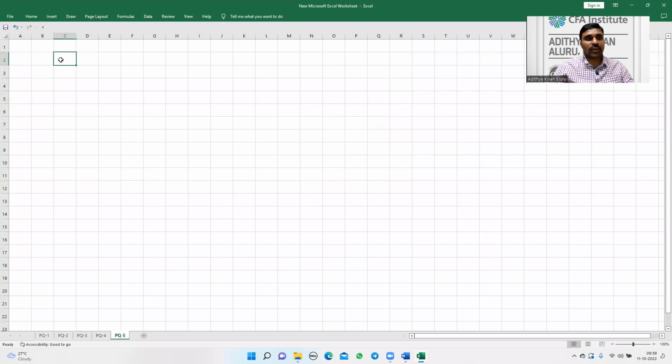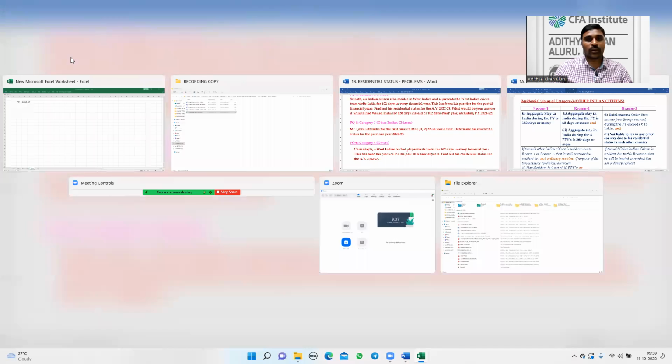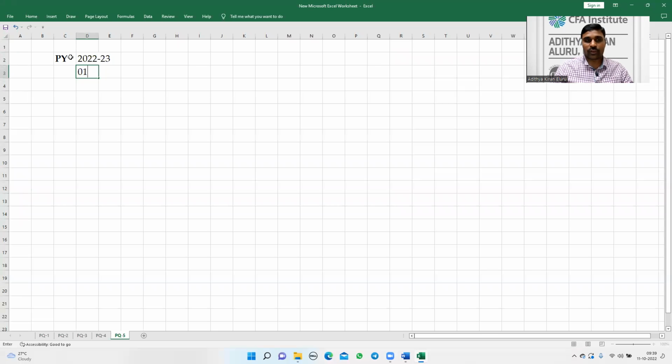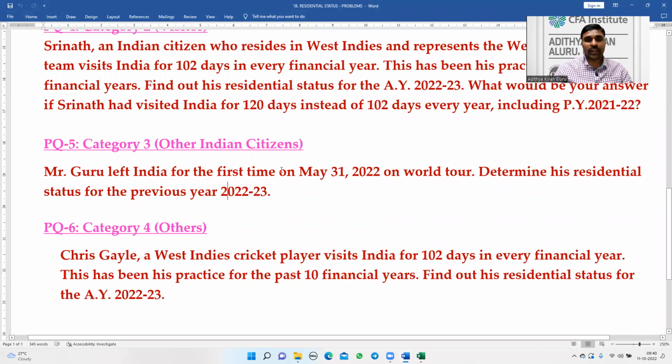What is the previous year? 2022-23 is the previous year, which starts from 1st April 22 and ends on 31st March 23. He left India on 31st May 2022.